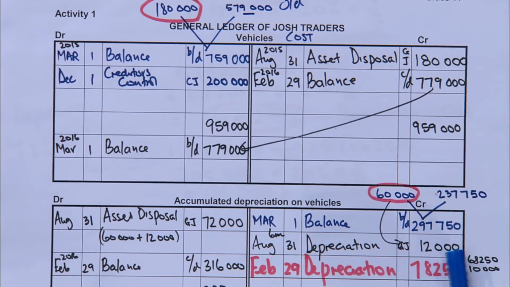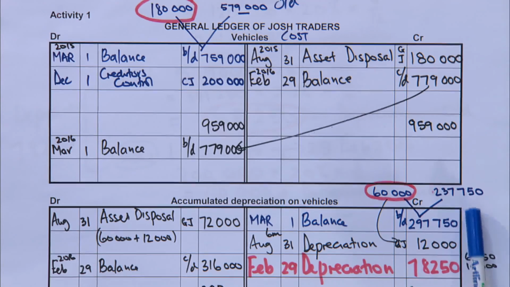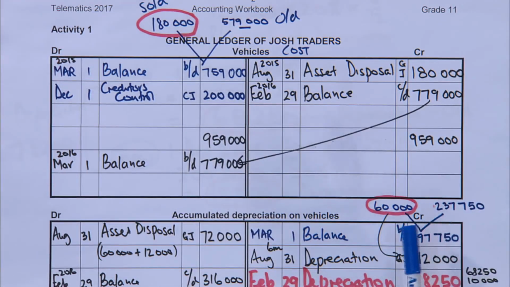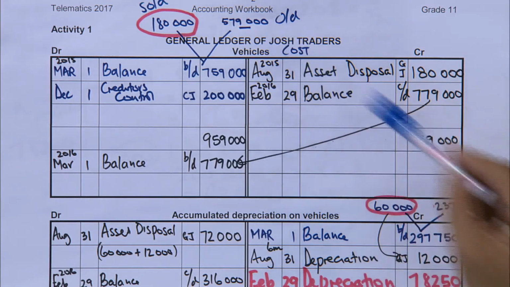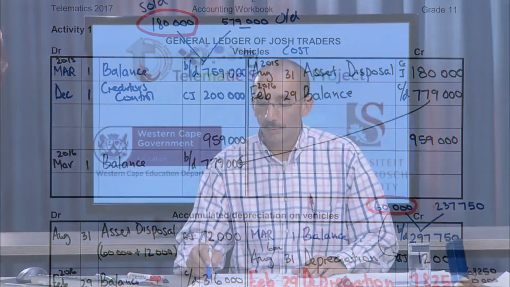And then in the same way, I took the balance of the accumulated depreciation, the 297,750, and I split that between 60,000 and 237,750. The items that I have circled, the 180 and the 160, those are the items that were given, and the items that are not circled, those are the items that you had to calculate simply by taking the opening balance minus the item that we have circled.